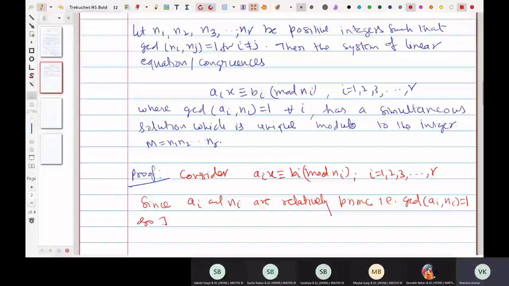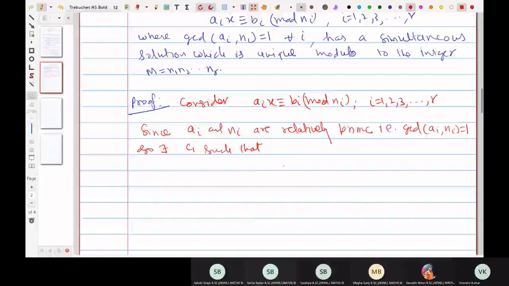there exists c_i such that a_i c_i is congruent to b_i modulo n_i, and this we are able to write with the help of the result we discussed yesterday.